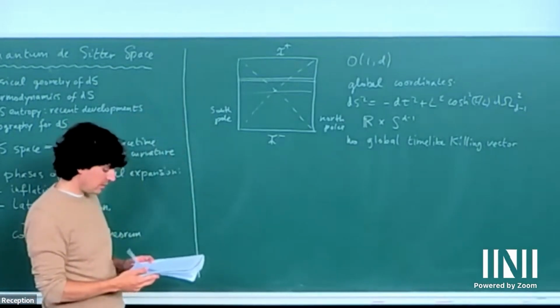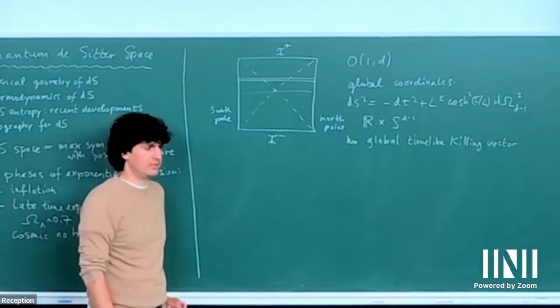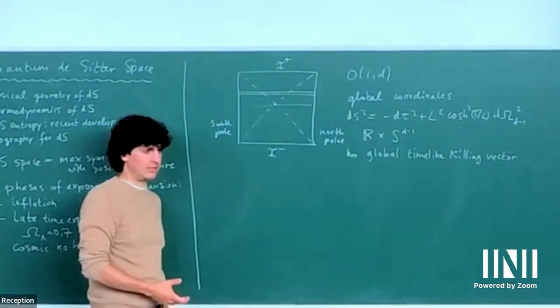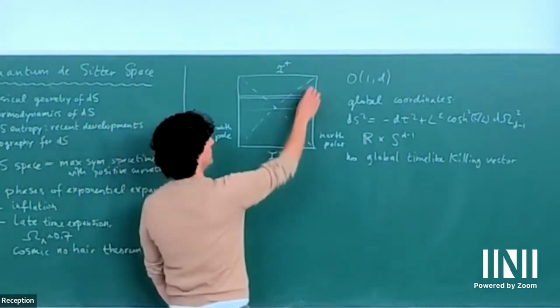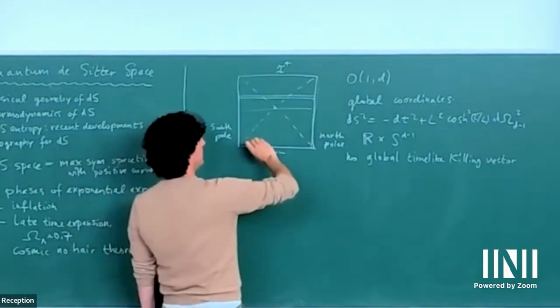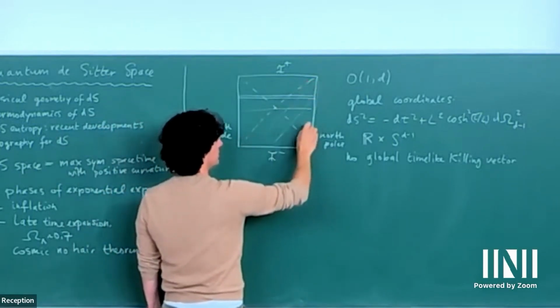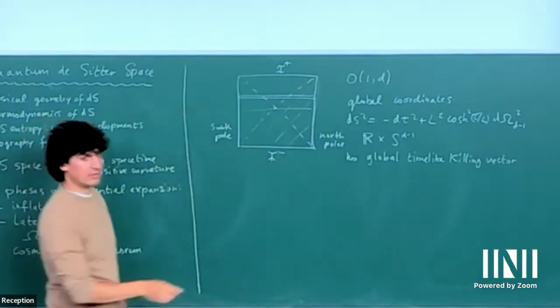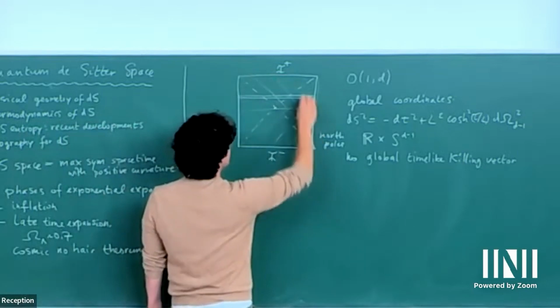Okay. Now, there's one peculiar feature of de Sitter space, and that's that no observer has access to the entire space. So if you're sitting at the North Pole, then you can receive signals from this wedge this way, and you can send signals like this.